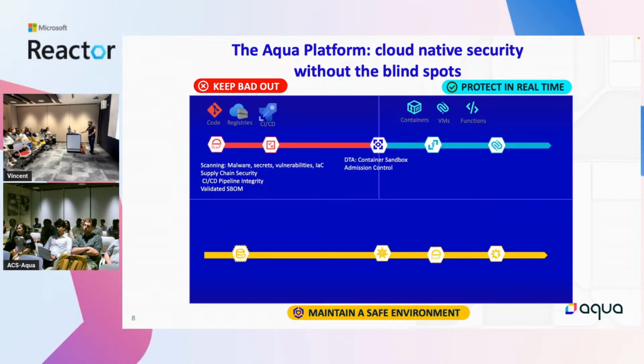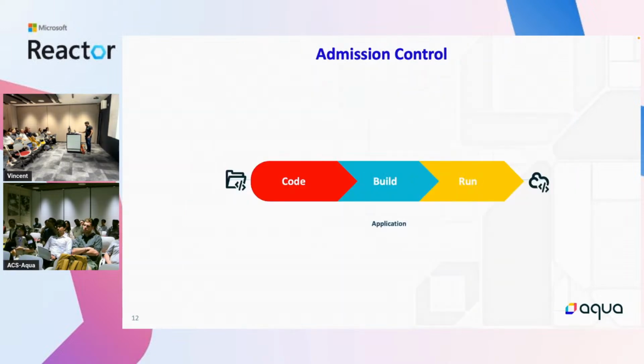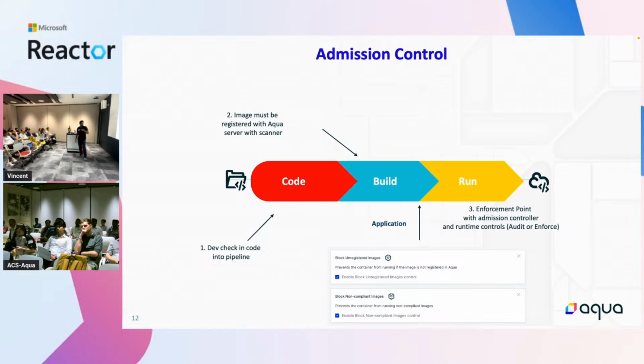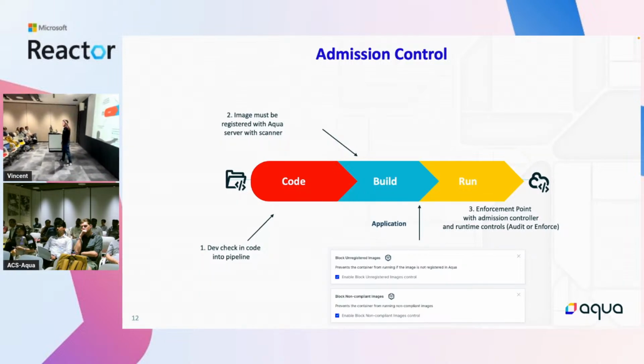So the next point, after the DTA sandbox scan, is admission control. What is admission control? We have checked the code from the developer, and then the image is built in the pipeline. Now we want an enforcement point before it enters our production environment.